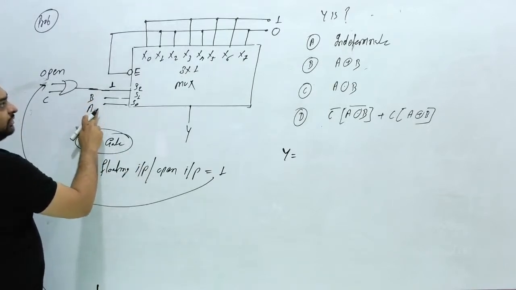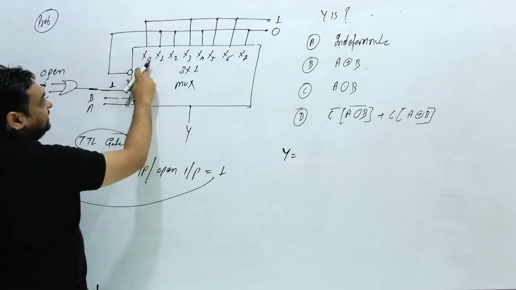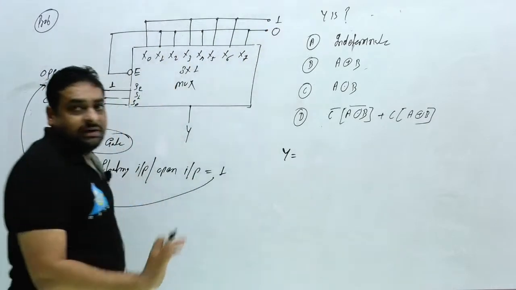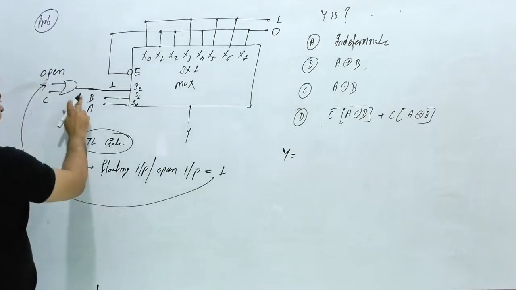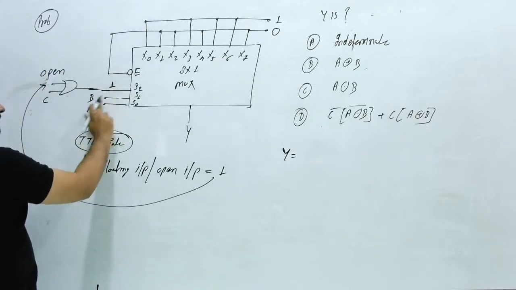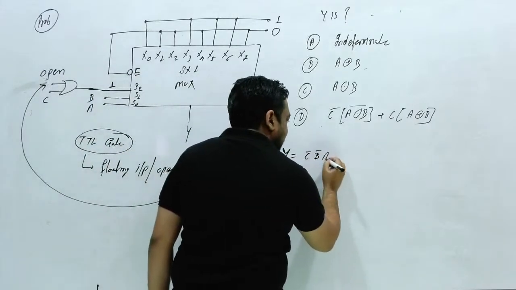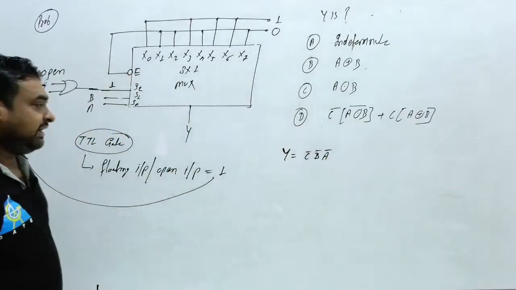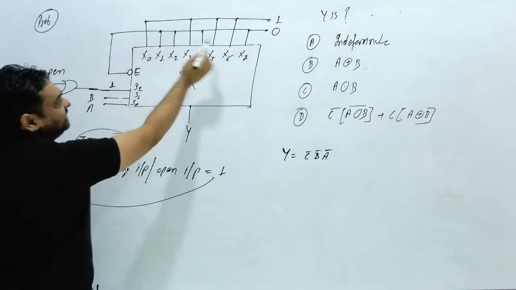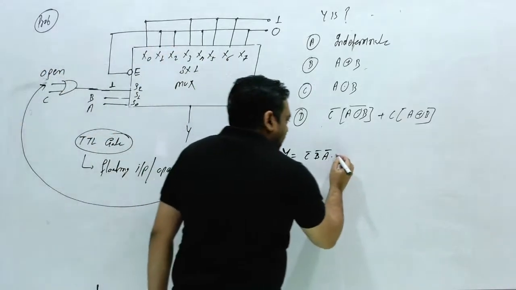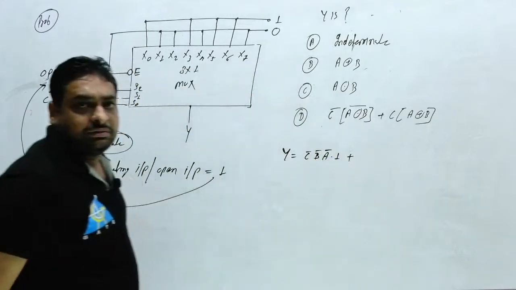0, 0, 0: X0 will be selected, and this is multiplied with 1. So what can I write here? C bar, B bar, A bar, multiplied with X0. X0 is 1, so this is 1 plus. What will be the second term?